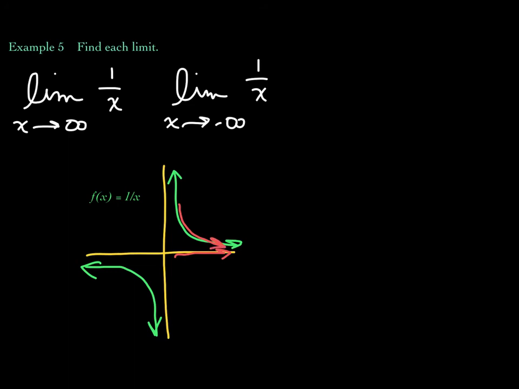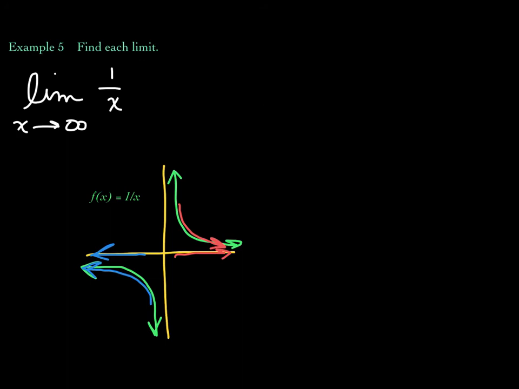Remember that for the basic reciprocal function, the x-axis is a horizontal asymptote. And the same is true over here as x values decrease without bound. Your function values are getting closer and closer to that x-axis, meaning your function values are approaching 0.